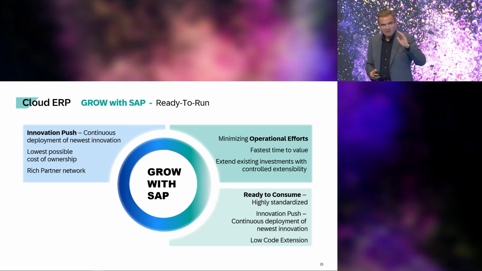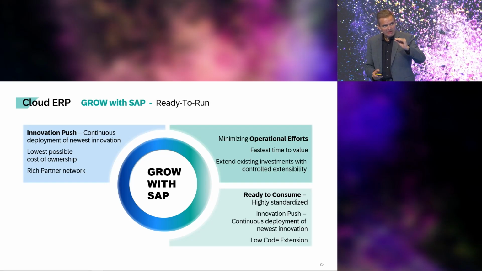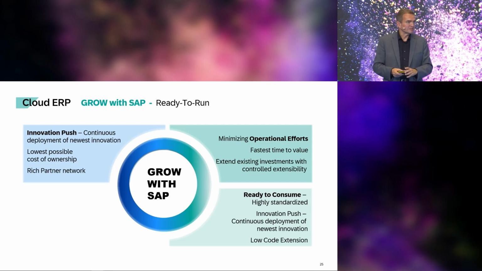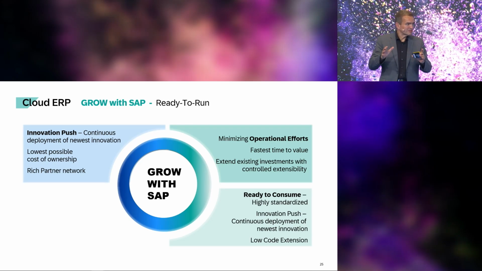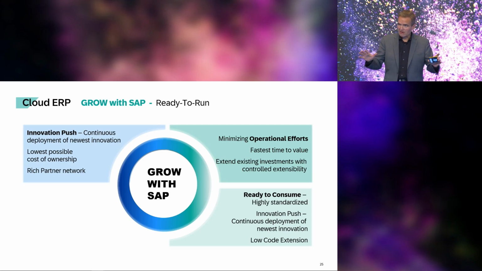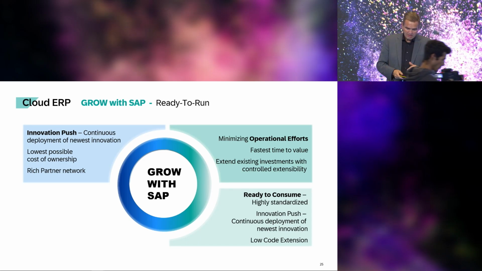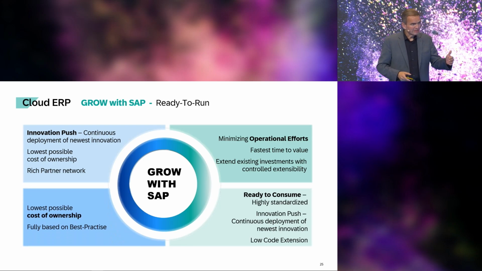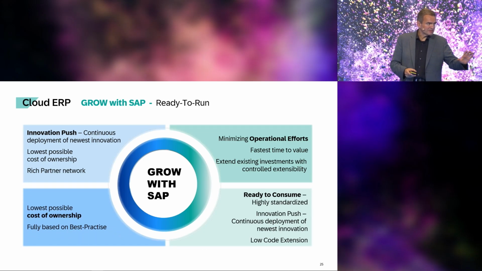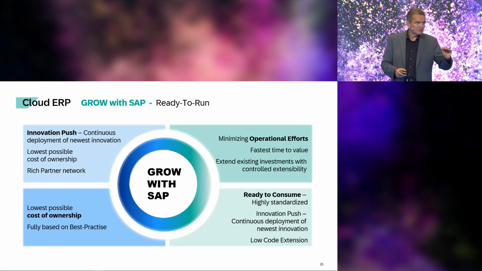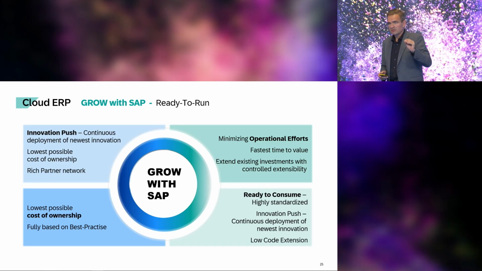And it comes with the innovation push in a digestible way. And with that, only low-code extensions, prescribed for all the scenarios you typically need, but in a very controllable way. And when we go to the cost of ownership side, it's fully based on best practices, and with that, the lowest cost of ownership. That is the mantra of a public cloud SaaS service.